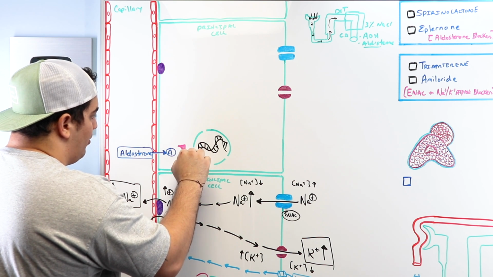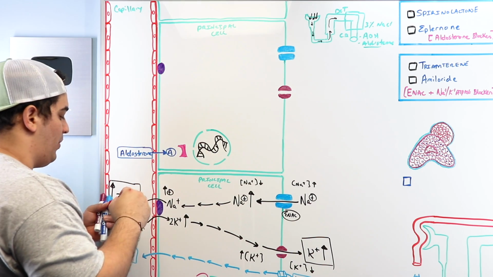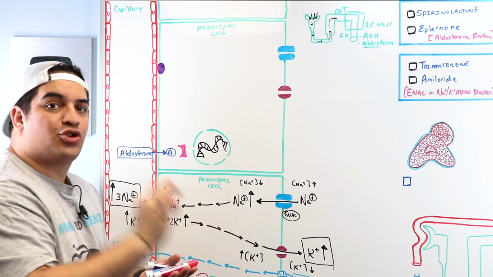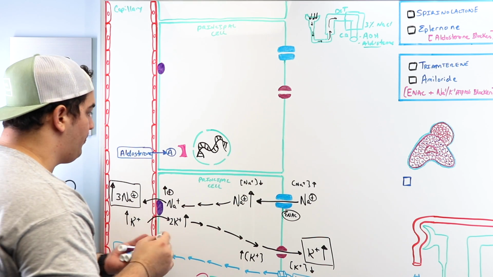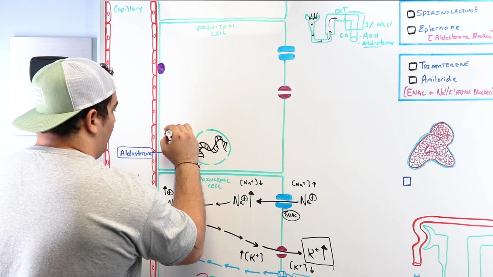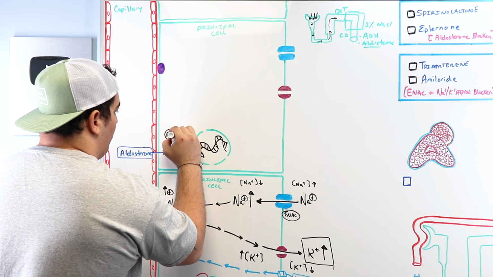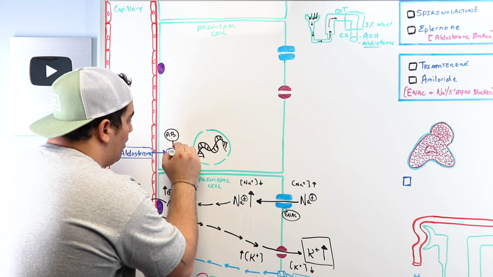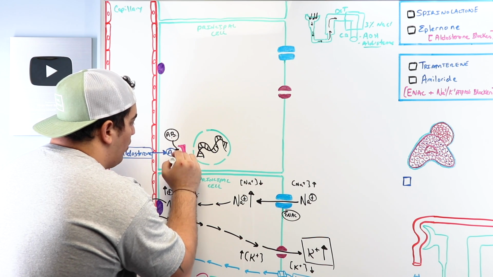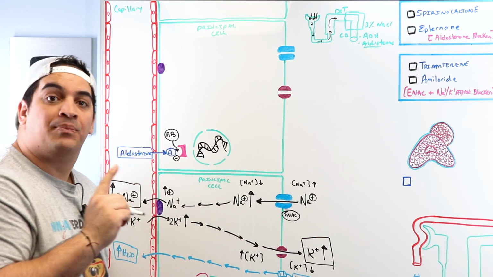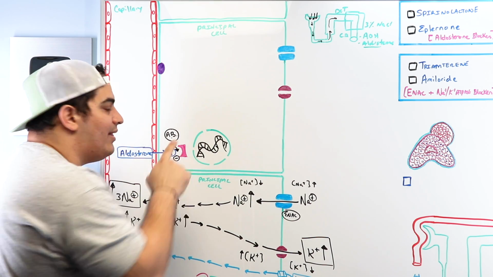But what we're going to do now is we are going to give these individuals the aldosterone blockers. So what we're going to do here is we're going to draw here AB. These are aldosterone blockers. And what they're going to do is they're going to inhibit aldosterone from being able to attach to this receptor. And then what?